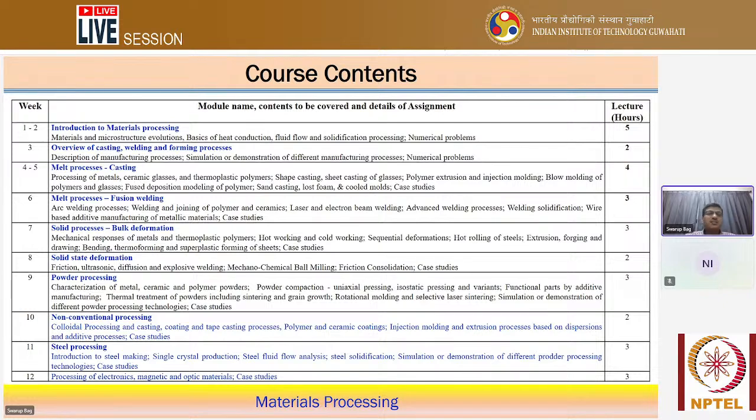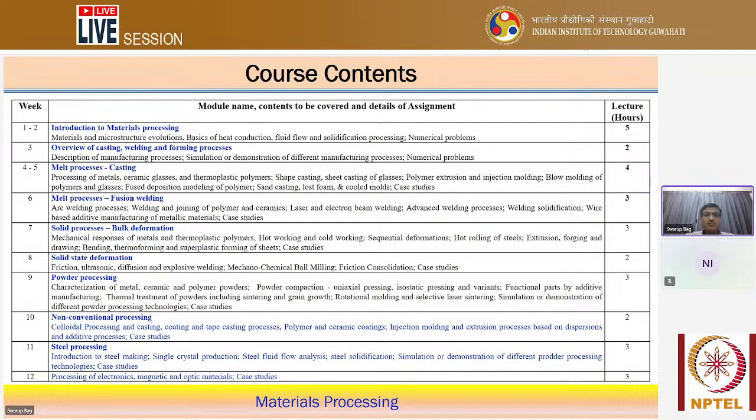These are the subtopics related to the non-conventional processing of materials. Apart from that, there is steel processing, because the steel industry is very important in this particular course.